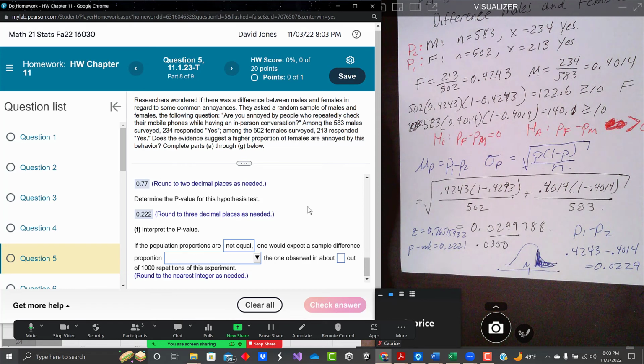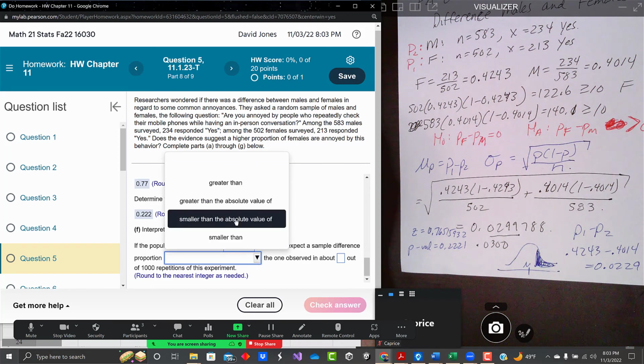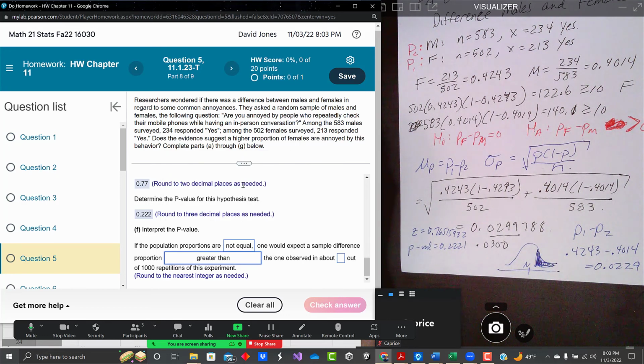The population proportions greater than 0.